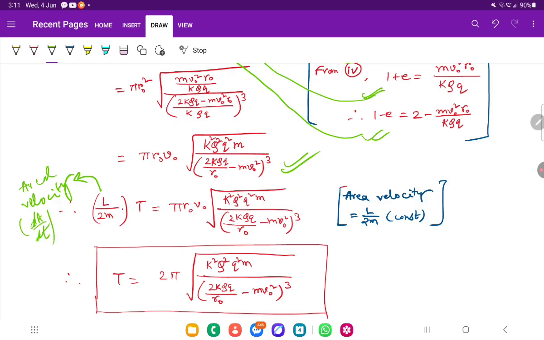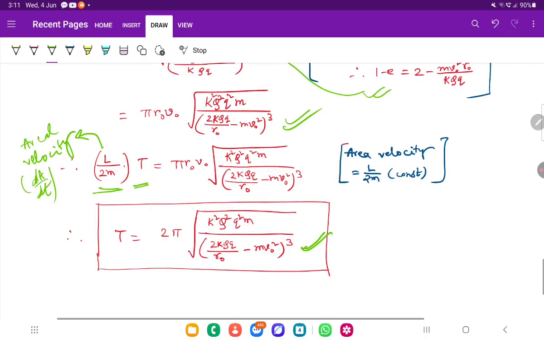As this is constant, you can simply write the areal velocity into the total time to be back at the same point from where it started. This product will give the area of the ellipse. So I'm just equating these two terms, and from here I'll get t as this.